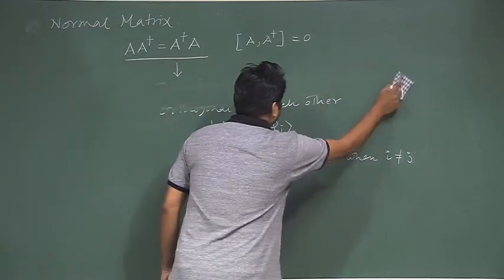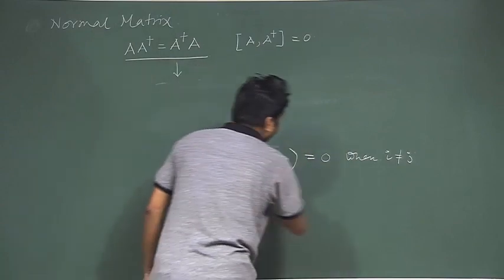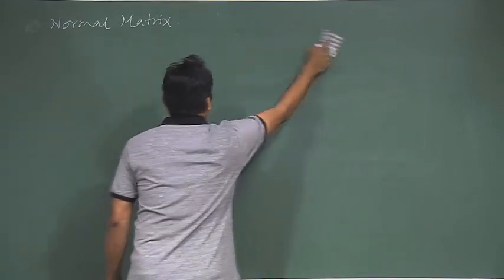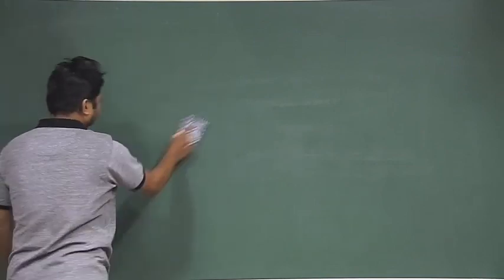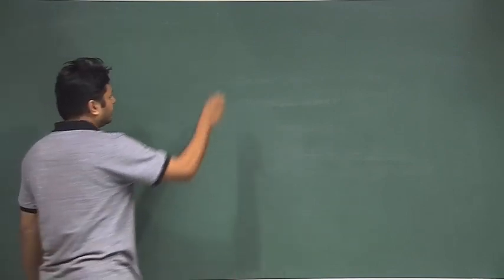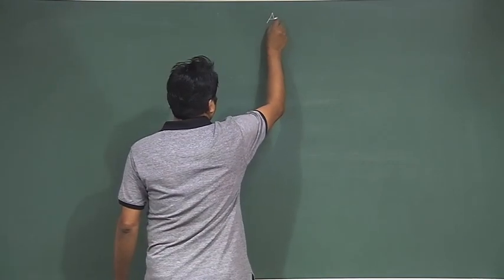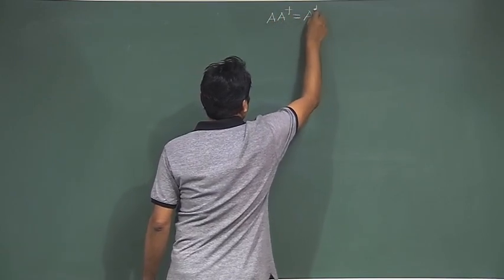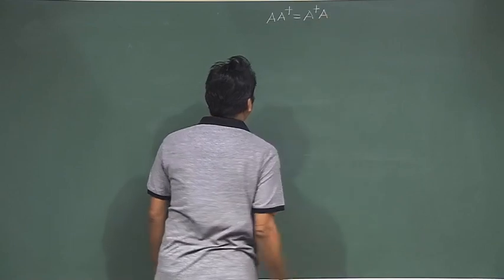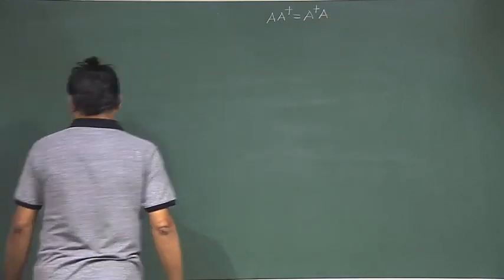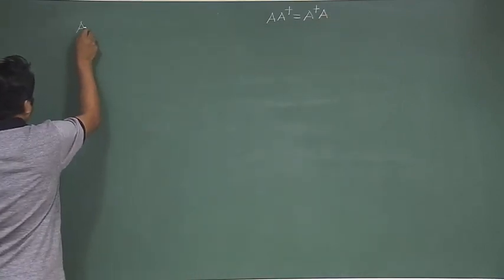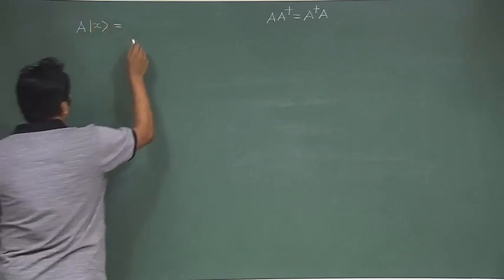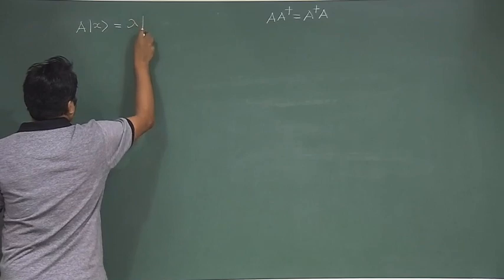To prove that, it is a tricky proof, so let us try to find how to prove it. My condition is A A dagger is equal to A dagger A. This is given. Now, I write A x is equal to lambda x.